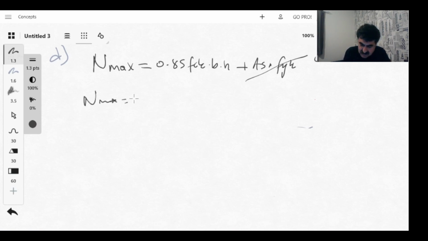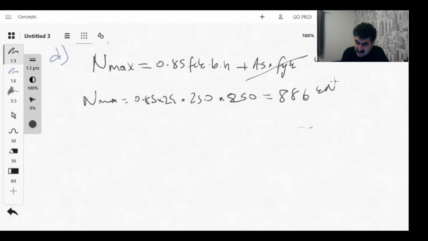So N max will be 0.85 multiplied by 25 multiplied by 250 and 250. h is 250, and total will be 886 kilonewton. Okay, so what was the design axial force in the column is 192.7 kilonewton.